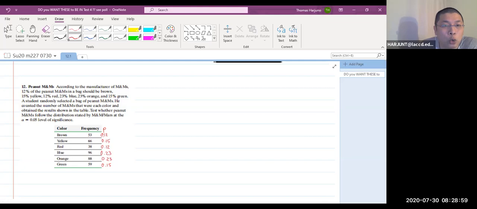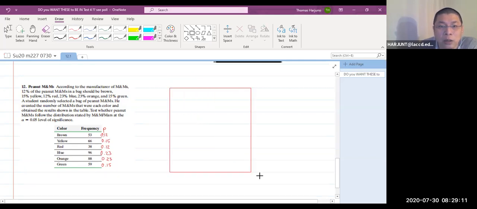Now how do we test that the peanut M&M proportions follow the distribution that they told us? So I will start with a nice, big table.